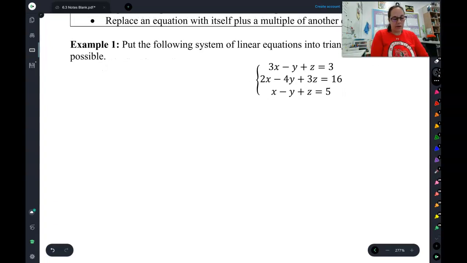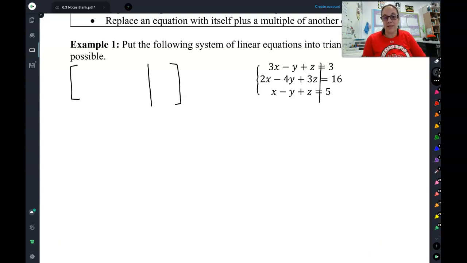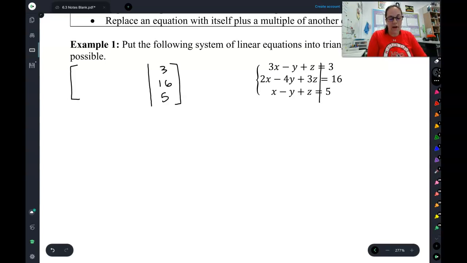Here's how an augmented matrix works. We first have our matrix bars on either side. We're going to do a line right here. That line is where our equal signs are in our system of equations. So to the right of that line, I'm going to put the numbers that are my answers, 3, 16, and 5. To the left of that line, I'm going to put the coefficients of the equation.